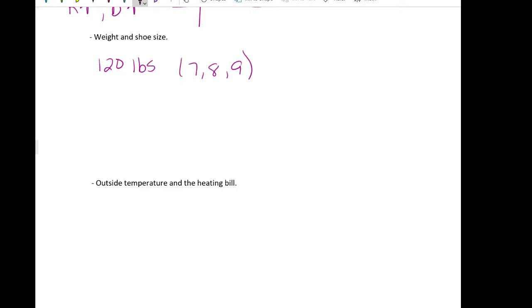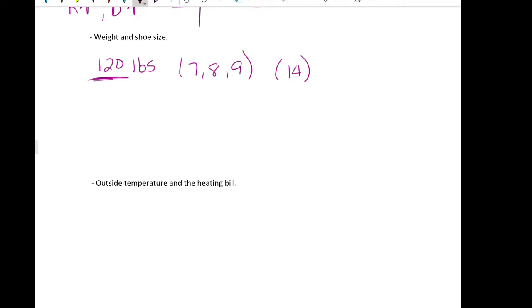Okay, not too different. But my nephew also weighs 120 pounds, and he wears a size 14. So notice the variation in numbers when the weight hasn't changed at all.